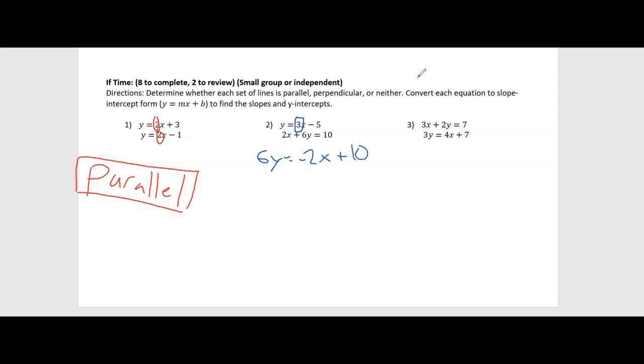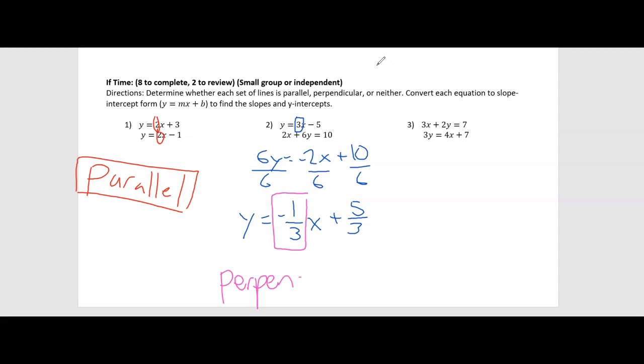I'm going to divide each term by 6 to get y by itself, and I get y is equal to negative 2 divided by 6, which is negative 1/3, x plus 5/3. So here our slope is negative 1/3, and negative 1/3 and positive 3 are opposite reciprocals, so these two lines are perpendicular.